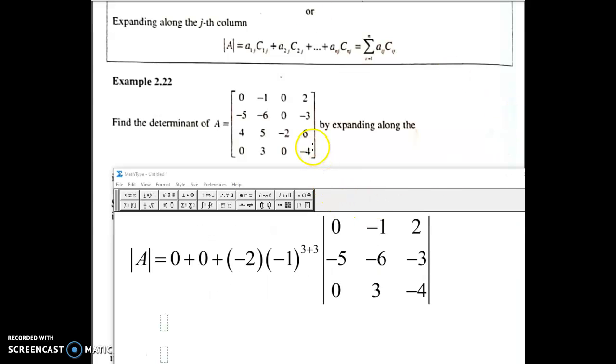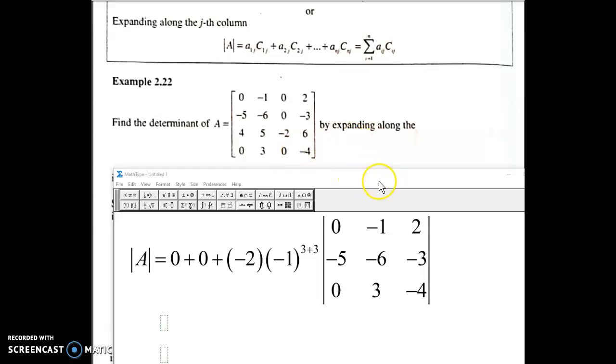Now let's try to calculate the determinant by using the third column, where we have a lot of zeros, so we don't really need to calculate the cofactor for elements with zeros, because anything times 0 will get 0.